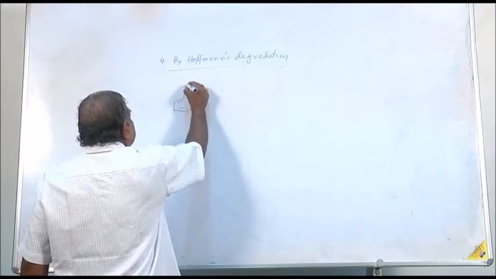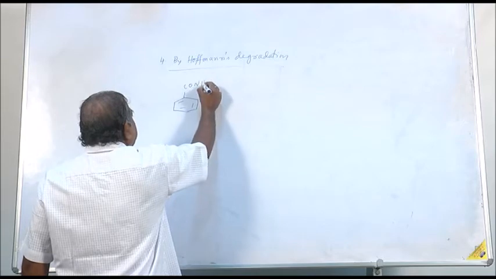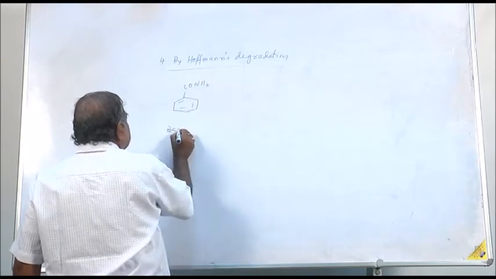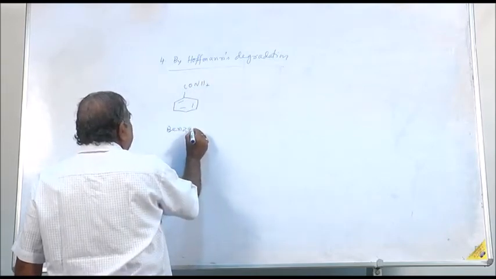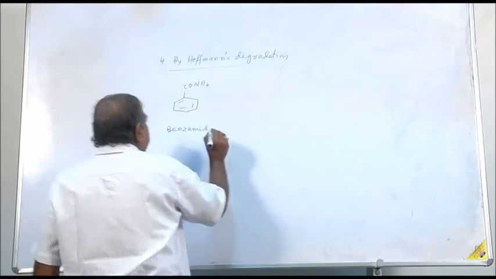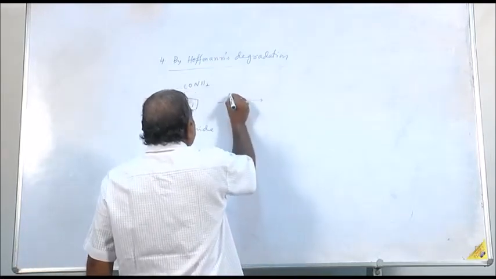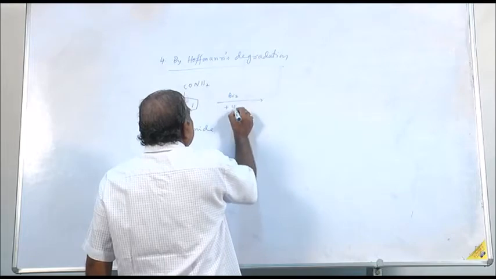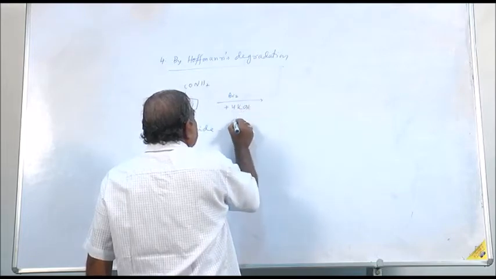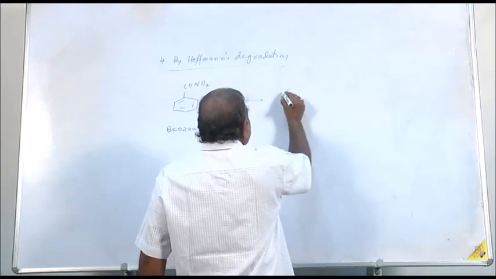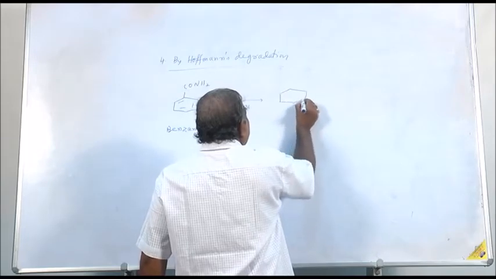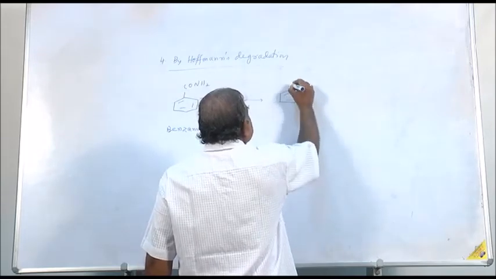Benzamide is C6H5CONH2. This is your benzamide. When you heat it with bromine and potassium hydroxide, you will get aniline, where one carbon atom becomes less.